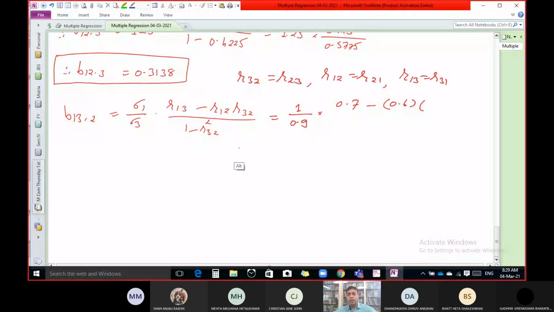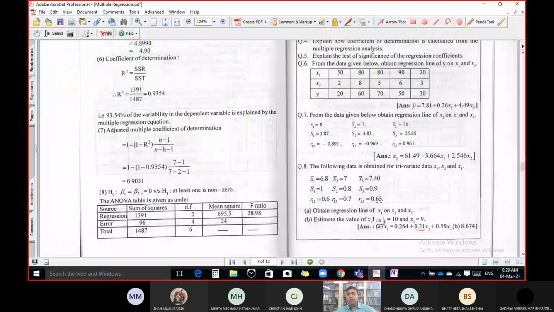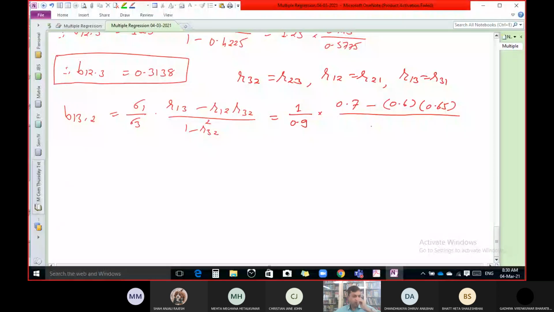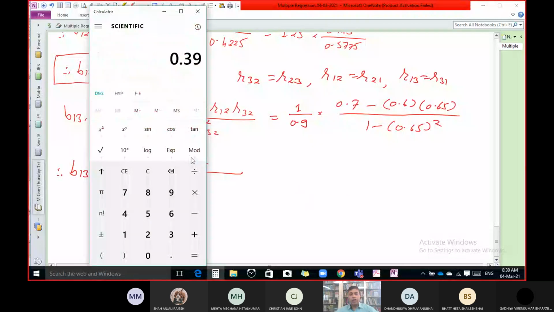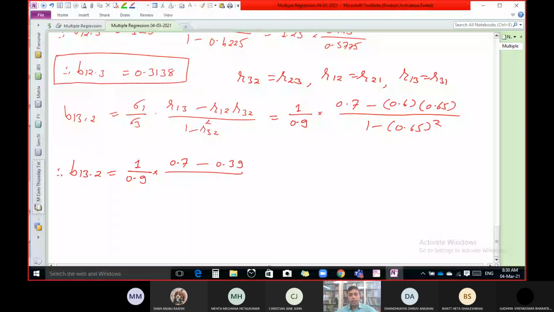Upon 1 minus R32, that is 0.65, the whole square. So let us calculate this. For b13.2, 1 divided by 0.9 as it is, 0.7 minus 0.6 into 0.65, that is 0.39, and this is 1 minus 0.4225.